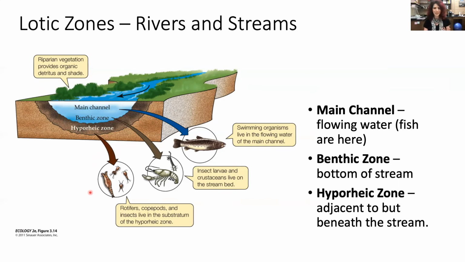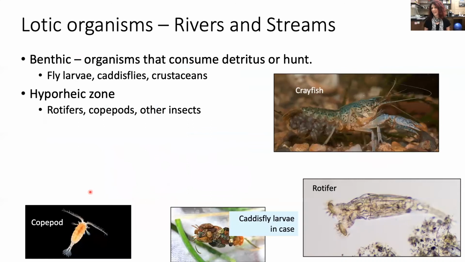So what do these organisms look like? They look a little bit like this. Back to those benthic organisms, we have fly larvae, including caddis fly larvae, which make these really intricate cases. If you ever get an opportunity to take Dr. Unger's invertebrate zoology class, it's really fun from what I can tell.